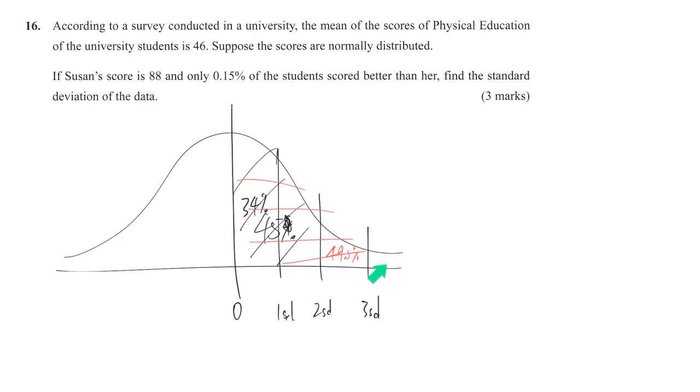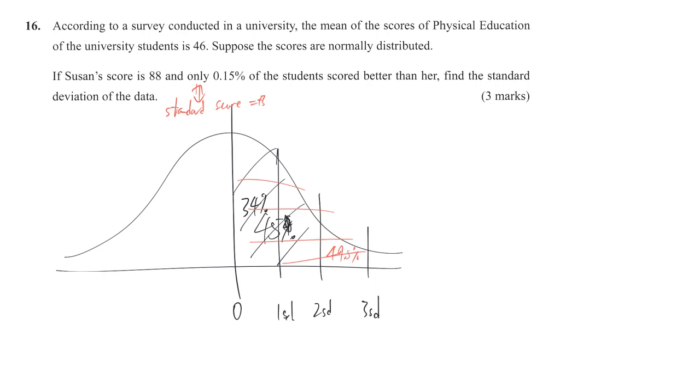That means this part is less than 1%. So they try to tell you that this standard score is 3 SD. They try to imply this is standard score equal to 3, positive 3.